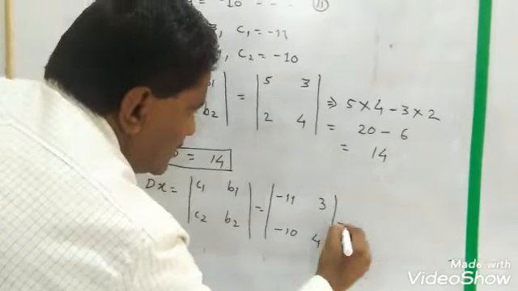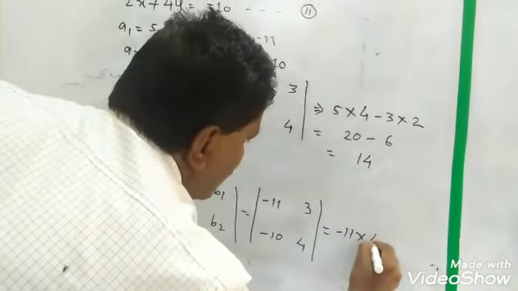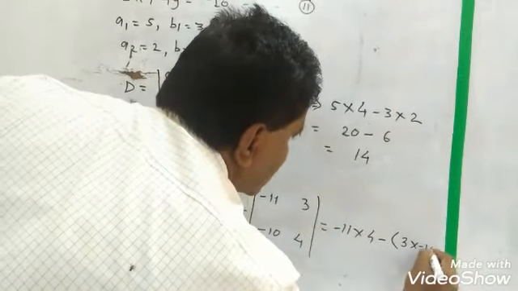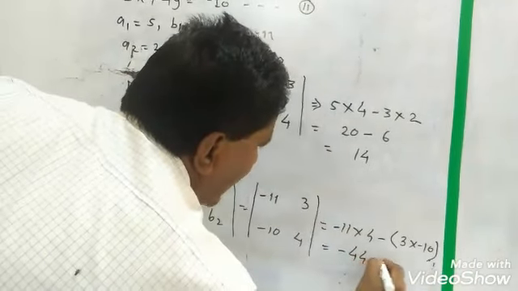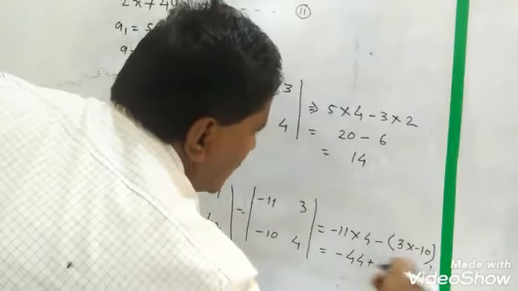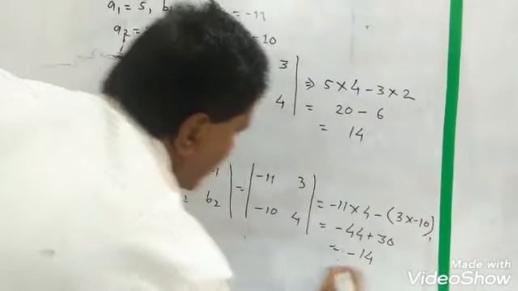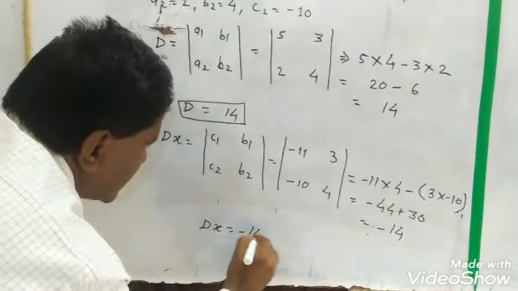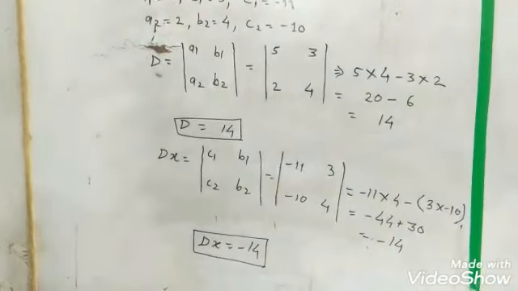This is equal to minus 11 multiplied by 4 minus in bracket 3 multiplied by minus 10, which is minus 44 plus 30, equal to minus 14. So the value of Dx is equal to minus 14.